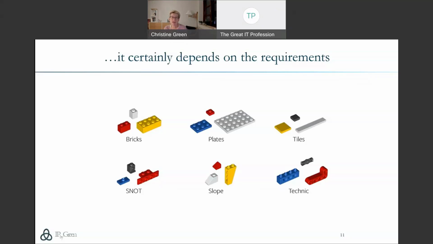We also have cases in projects where we know about certain Lego parts that will be easy to integrate, like COTS packages. I'm not going to talk too much about that today, but just touch on it.